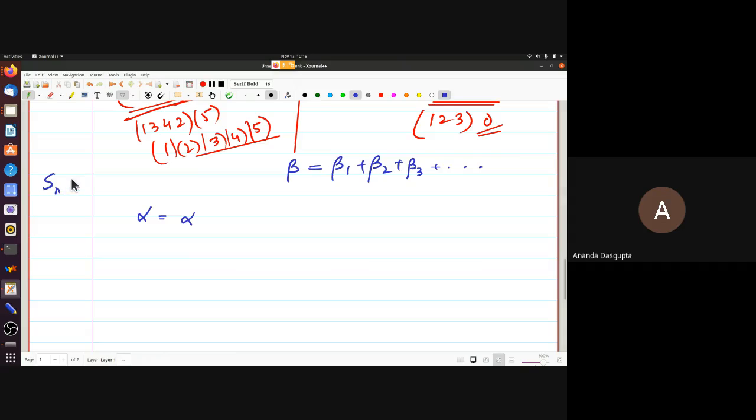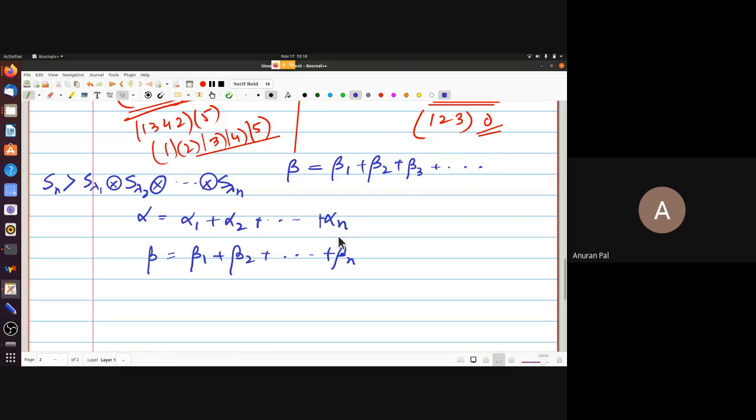So remember, this is what we are looking at. Sn contains this. You must have this. Beta also must have this.